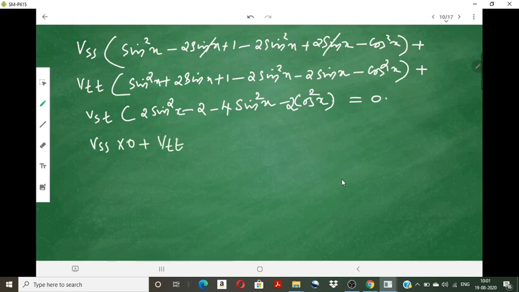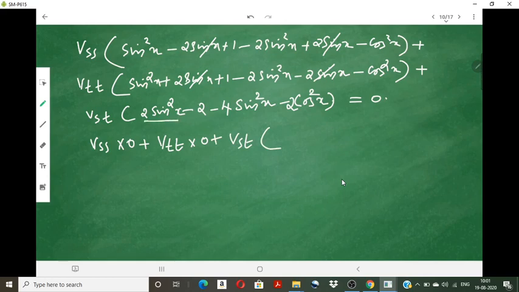Now V_TT, similarly in the same way, because this is plus 2 sin x minus 2 sin x, it gets cancelled. Sin square x minus 2 sin square x will be minus sin square minus cos square, which is minus 1. 1 plus minus 1 is 0. Now V_ST, we have to concentrate on the coefficient of V_ST.